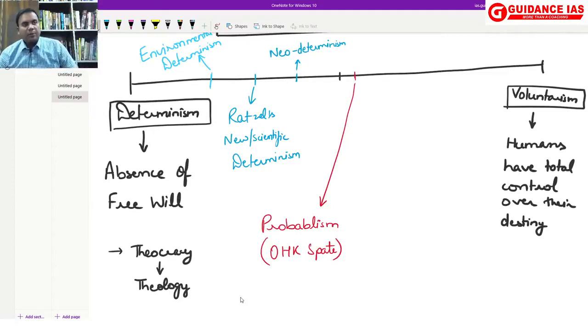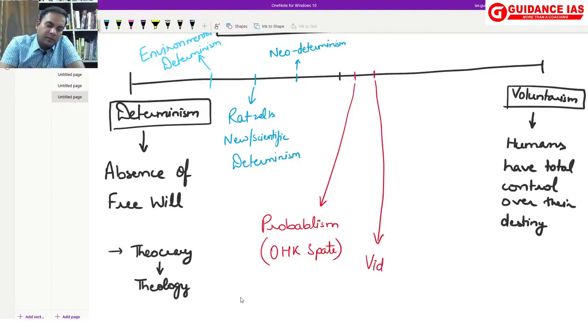So again his probabilism would be lying here, and very near to him would be placed Vidal's possibilism. Okay? In fact, not only Vidal's, if you remember we talked about Jean Brunhes, possibilism of Jean Brunhes. So I would be placing it here.